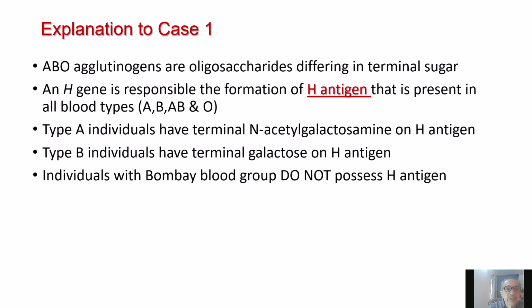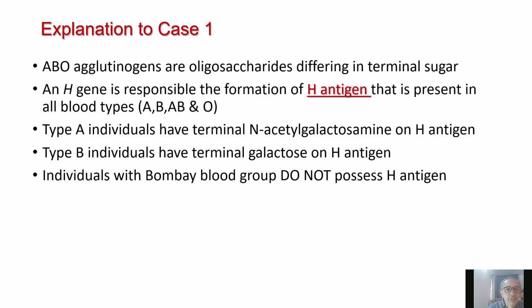If you look at the chemistry of the antigens or agglutinogens, ABO agglutinogens are complex oligosaccharides. They differ in their terminal sugar. So all groups have H antigen, that is oligosaccharide.